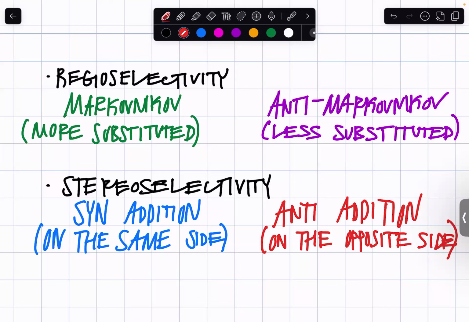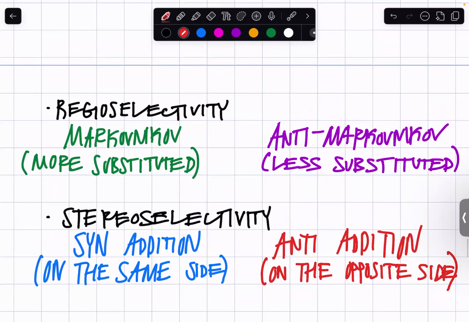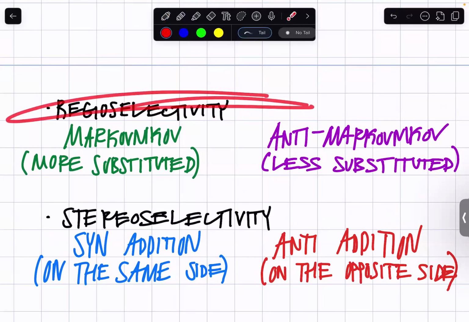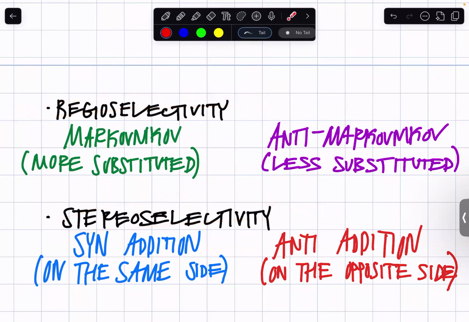So a lot of these reactions will talk about regioselectivity and stereoselectivity. They're either going to be Markovnikov or anti-Markovnikov, they're going to have either syn addition or anti-addition, and some of them will have none, like no regioselectivity and no stereoselectivity.